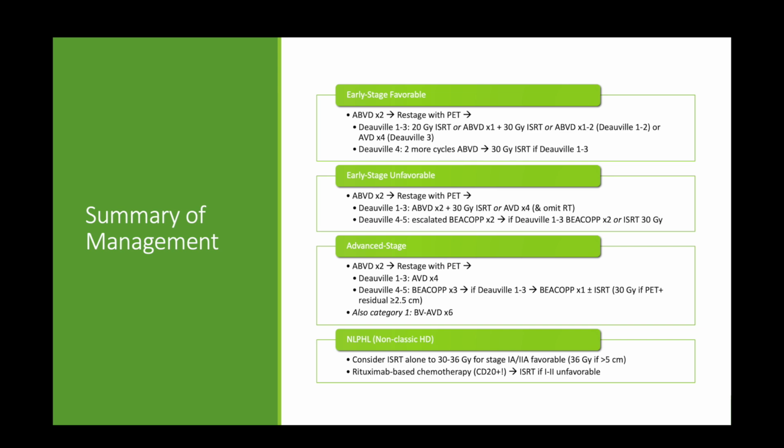For advanced stage lymphoma, most patients will respond fairly well to just ABVD for 6 cycles. And so for advanced stage lymphoma, we employ radiation even less frequently. Oftentimes, we're just utilizing it if patients have really bulky disease or skeletal involvement or residual PET positive disease or something like that.